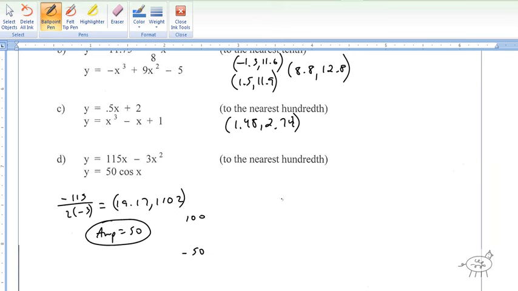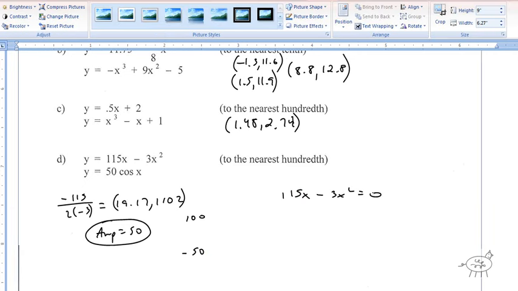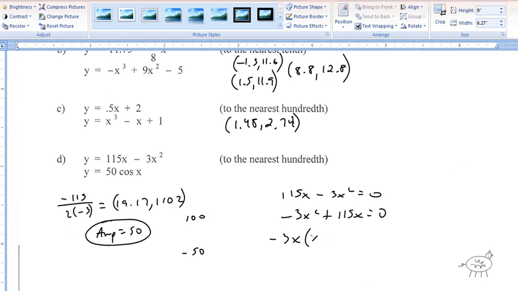Now for my x value, let me write this out here a little bit: 115x minus 3x squared. We're asking, where does it cross the x-axis? Let's write it in this form: negative 3x squared plus 115x equals 0. I can factor out a negative 3x, and I get x minus 115 divided by 3, which is about 38 and a third, equals 0.